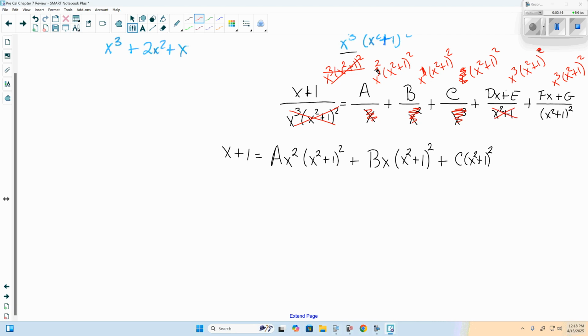Here, the x squared plus 1 will cancel out with 1 of the x squared plus 1, leaving us with plus dx plus e times x cubed times our x squared plus 1.